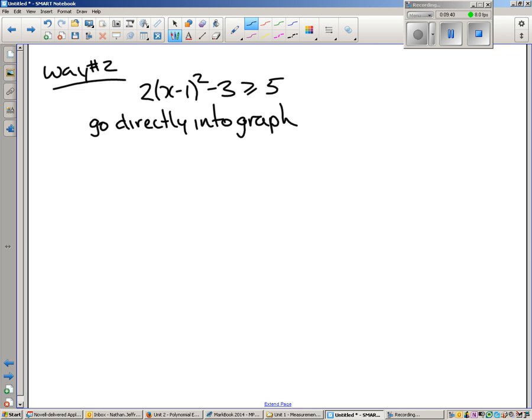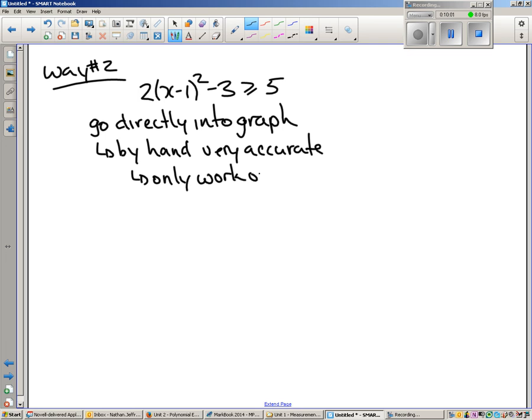If you're going to be doing this by hand, your graph has to be extremely accurate. It's only going to work out for integer solutions provided your graph is very nice.